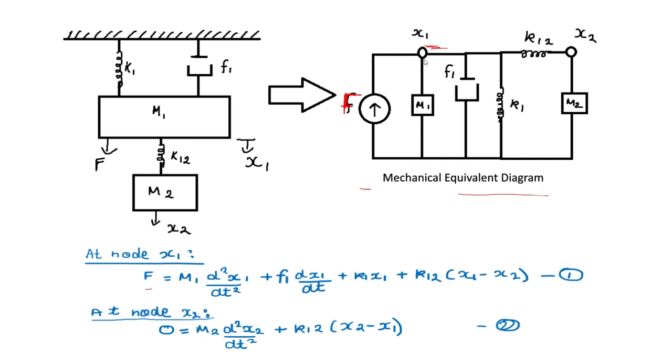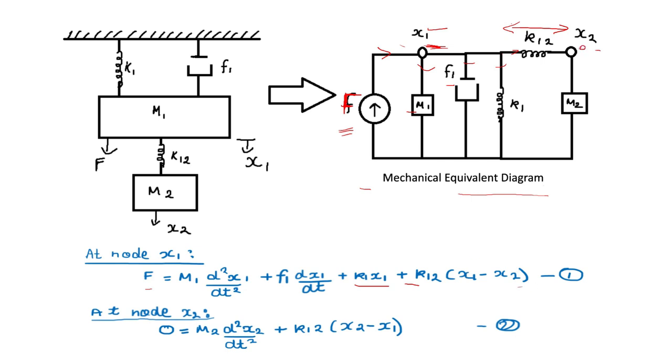Now at node x1, we will apply nodal analysis, so the current incoming is equal to the current going. So the force is equal to m1 d²x1/dt², plus f1 dx1/dt, plus k1 x1, plus k12 times the difference between these two nodes, which is (x1 − x2).